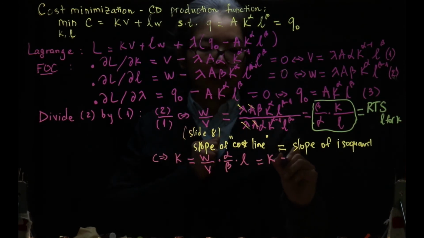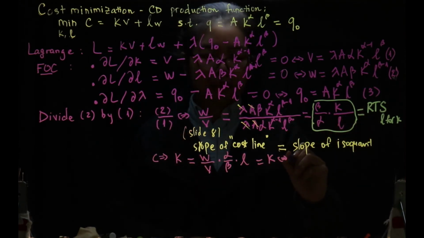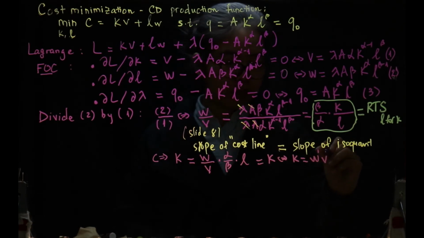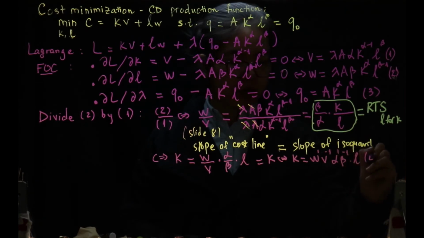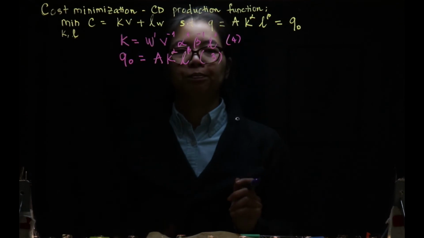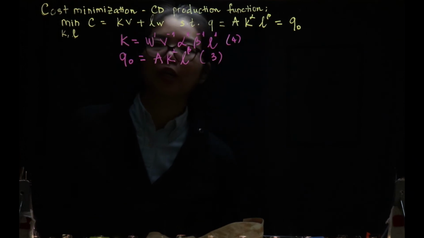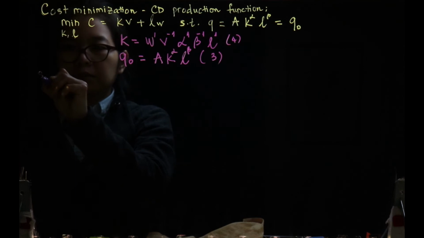And for the convenience of simplification later, I could write it this way: K equals W to the power of 1, V to the power of minus 1, alpha to the power of 1, beta to the power of minus 1, times L, right? And I call this equation 4. Okay, let's proceed further. By now, probably you know already what to do. We will go by substitution.